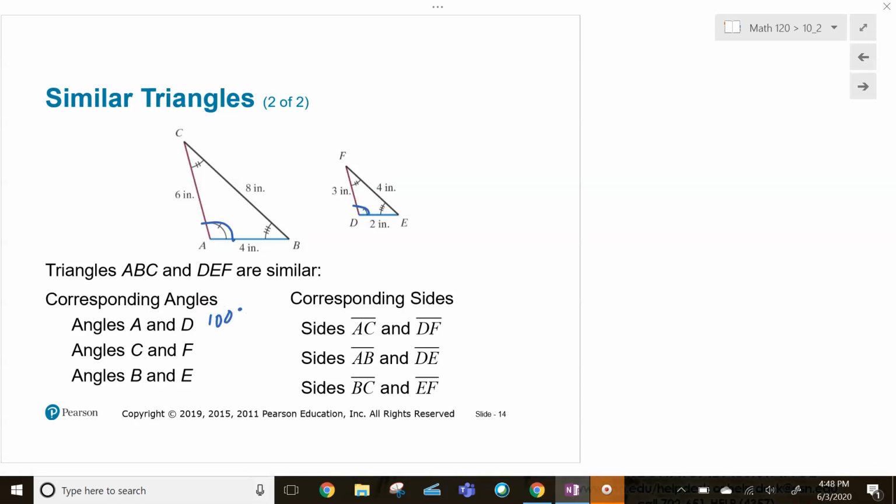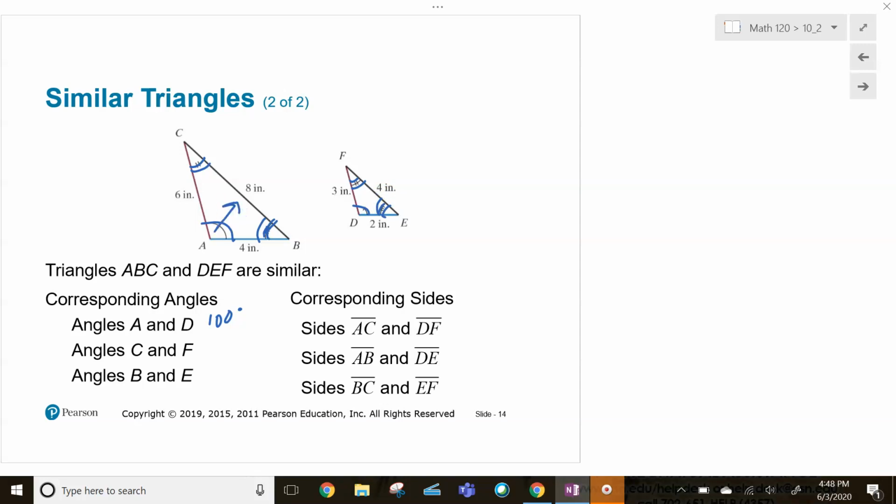And then angle, let's see, with the two marks here, the angle C corresponds with angle F, and then angle B with angle E corresponding.